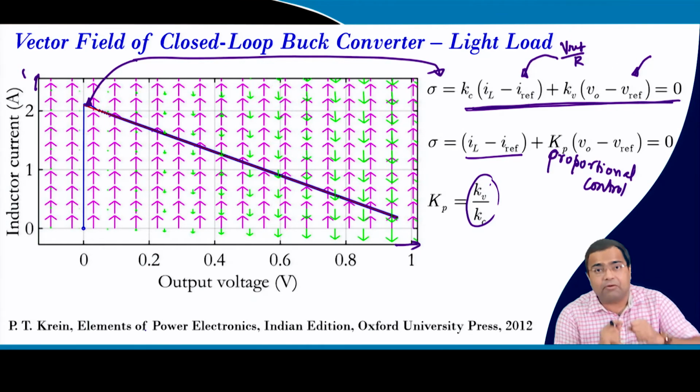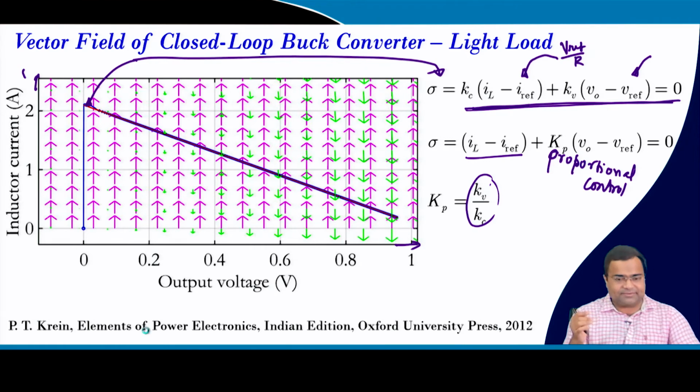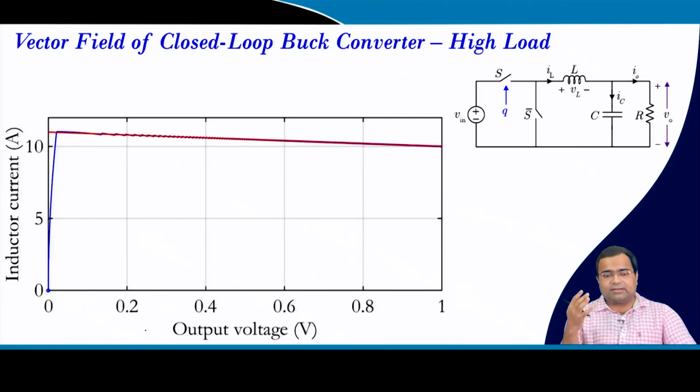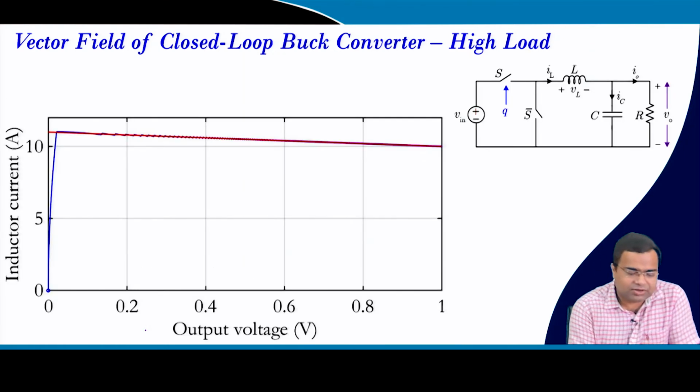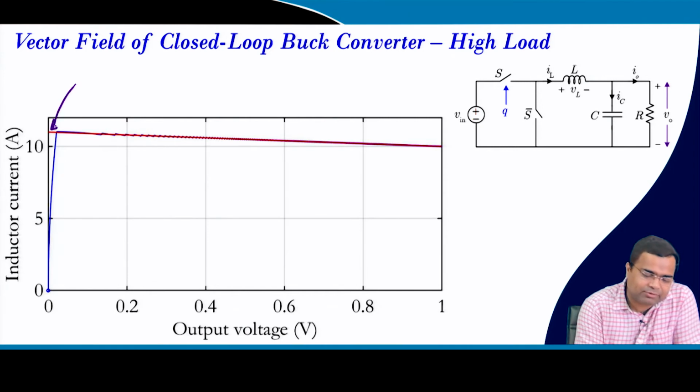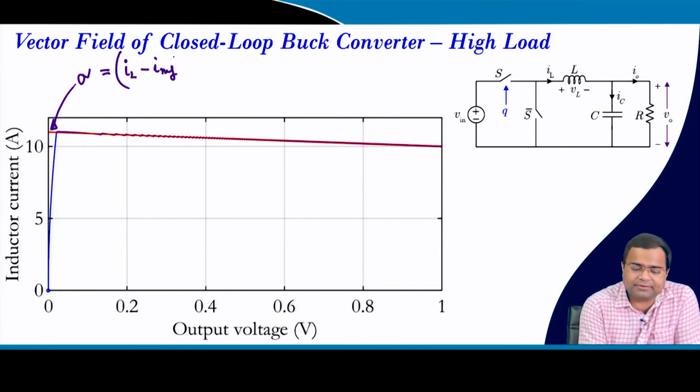So, that means now we need to make some switching arrangement, which tells us we need a switching surface. This is what exactly I was telling about. This is my sigma, and here the sigma I have taken as IL minus Iref into Kp, V0 minus Vref.